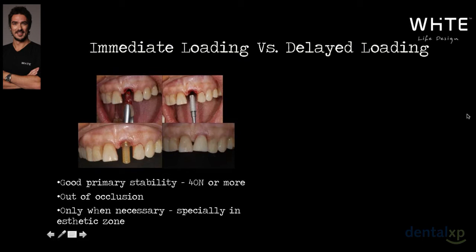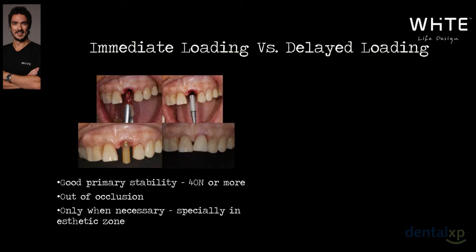But if it's out of the aesthetic zone, for example a molar, there's no need to place a crown on that straight away. It's best to wait. Plus, we know the occlusal forces, the biting forces, are a lot greater at the back of the mouth. In the aesthetic zone, if we're placing an implant in a front tooth, in most cases, if the patient has all of his posterior teeth in good occlusion, we can place an immediate temporary crown, and I'll show you this case later on.